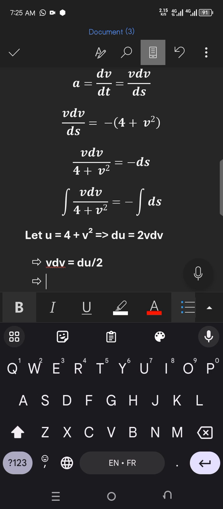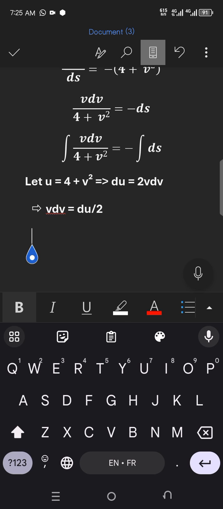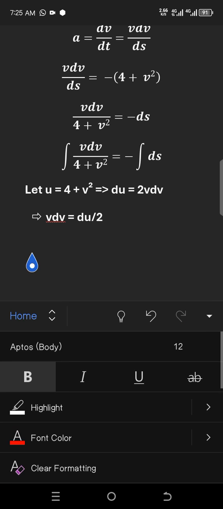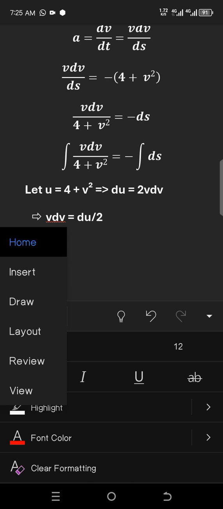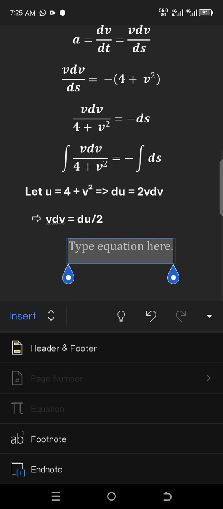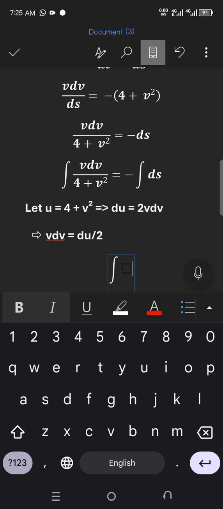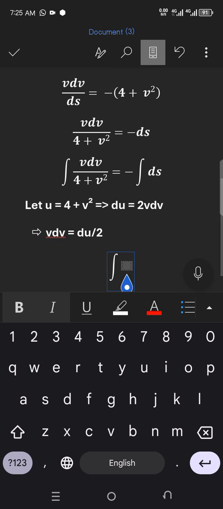Okay, now from there, I think things are now easy to go. From there, we just have to replace back. So from there, the left hand side now becomes the integral. Now in place of v dv, what do we put?